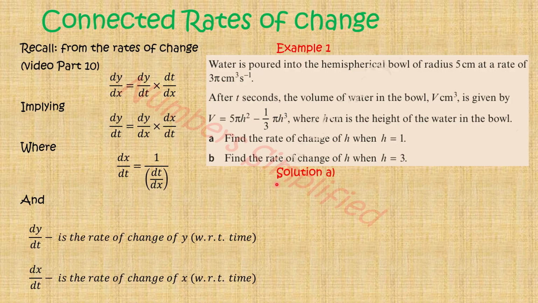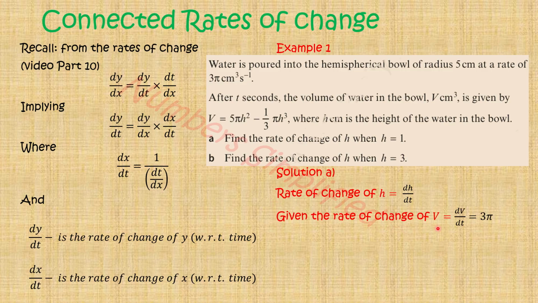So the solution. We know that the rate of change of h is dh/dt from the notes we have on the left. We are also given that the rate of change of V, the volume, is dV/dt, which is equal to 3 pi. Then dh/dt is going to be something times dV/dt.